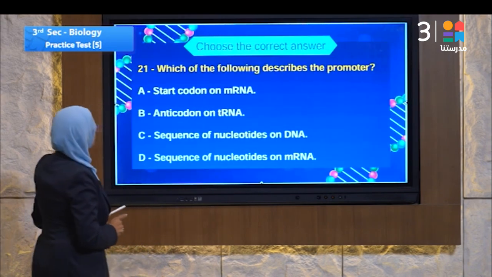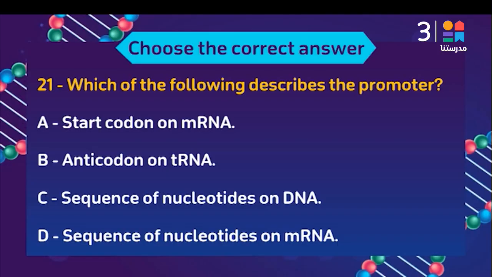Let's go to question number 21. Question number 21 speaks about the promoter. Which of the following describes the promoter? A, start codon on messenger RNA. No, it's not found in messenger RNA. B, anticodon on transfer RNA.